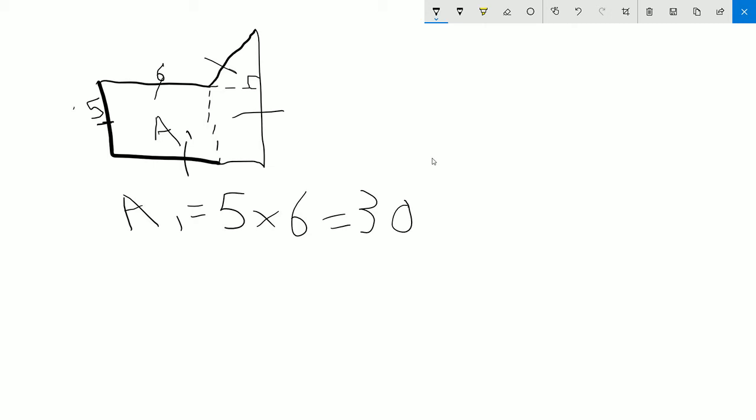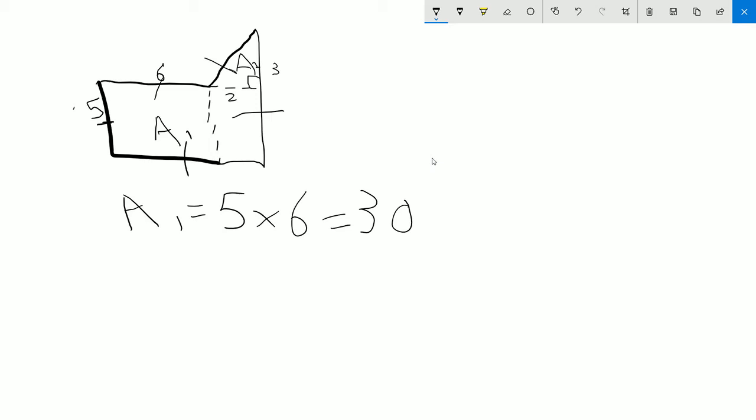So a 90 degree angle was made here, which has created a right angled triangle. So now let's calculate the area of this, which we will call A2. And if we are given the lengths of the two sides adjacent to the 90 degree angle, let's say this is 3 and this is 2.